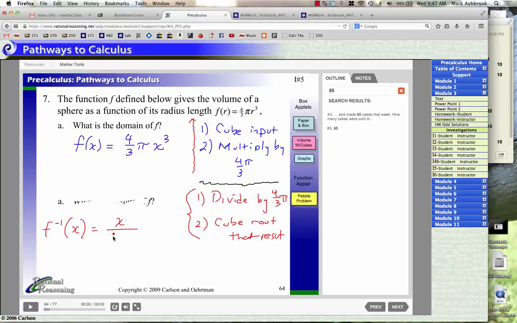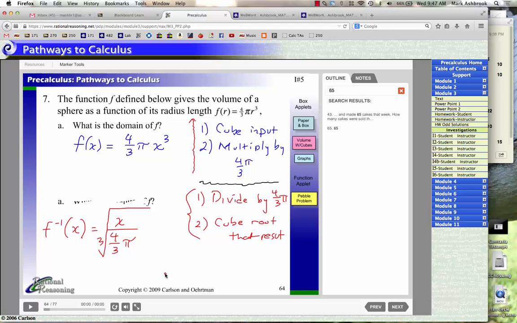We're going to divide by 4/3 pi. And then cube root that result. There's the inverse function. That's it, if we did everything right. So we just walked back, we wrote the process that would undo that given process, and we get that function then would take volume and give corresponding radius.